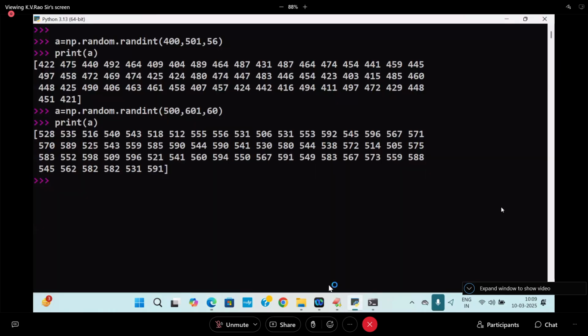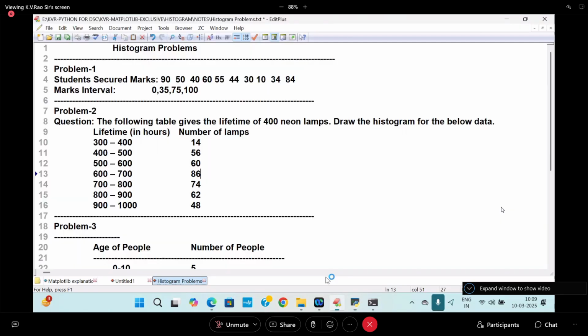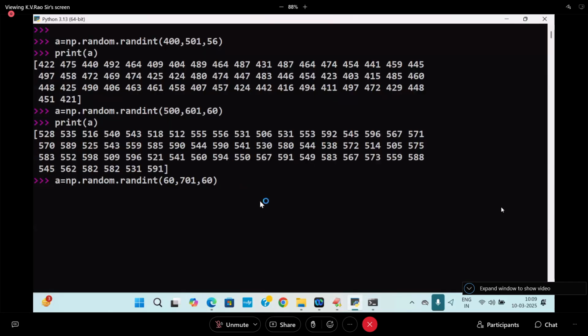Next, which series? 600. I will take the 600 series. How many in the 600 series? 701. If I take 701, it is 86 values. 86 values I need to take.